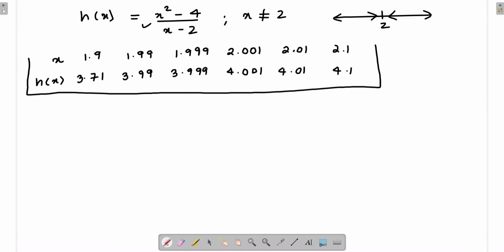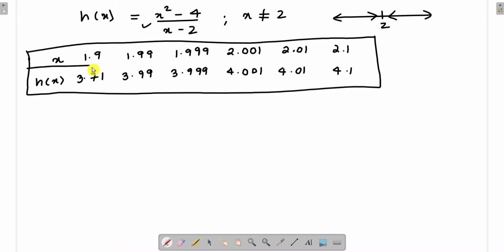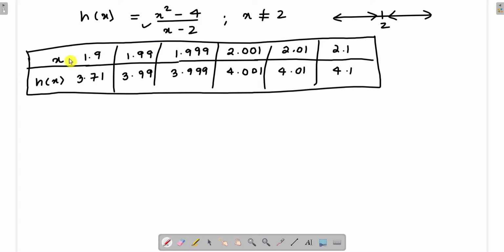So you are getting the table of h(x). If you look at these x values, you can see that x values are approaching 2 from the left hand side, whereas on the right hand side, the values of x are approaching 2 from the right hand side also.